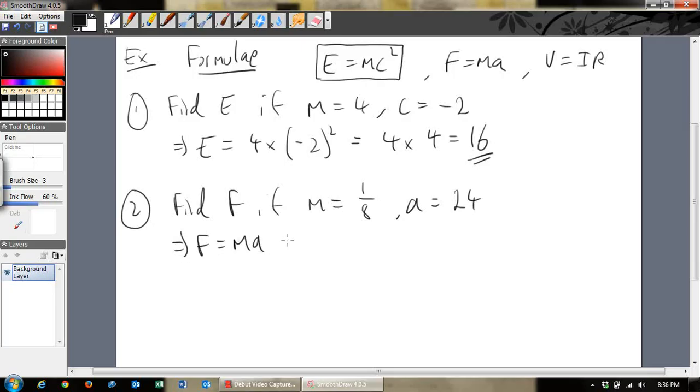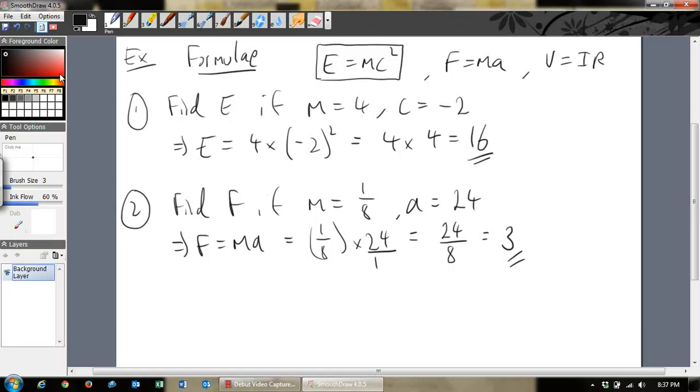F equals ma. Remember, this means mass times acceleration. So that's 1/8 times 24. Remember, if you're timesing fractions together, you can write it as a fraction if you want. You times the top lines together, and you times the bottom lines together. 24 divided by 8 is 3, and there's your answer, 3.